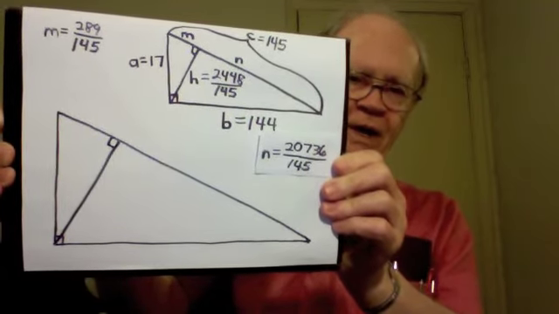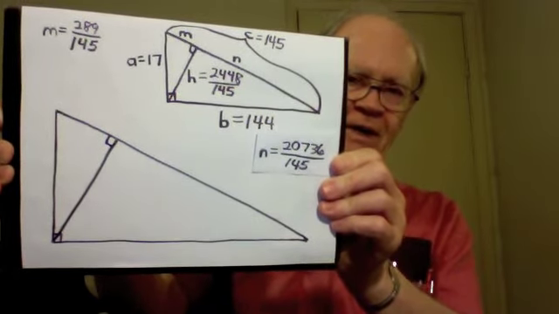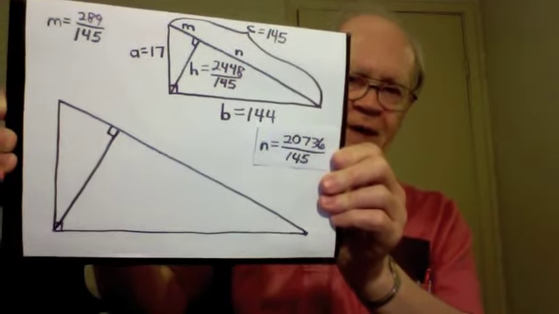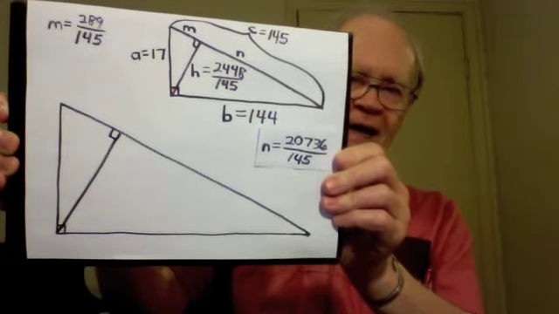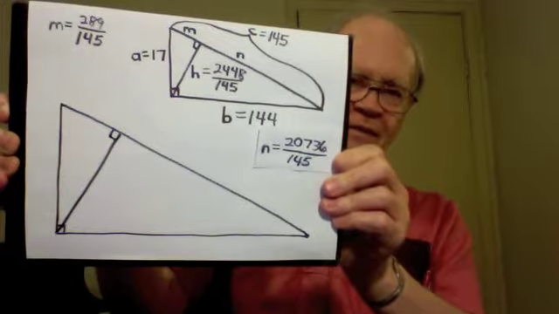Now we go to the much larger right triangle, similar to this one, and we want all 6 lengths to be whole numbers. To achieve that, we simply multiply each length by that denominator 145.